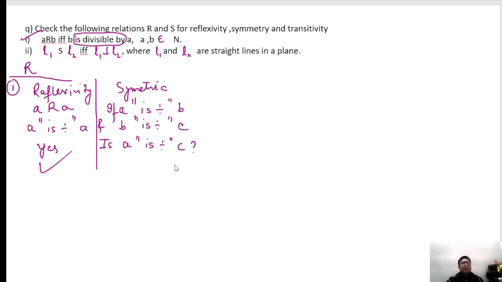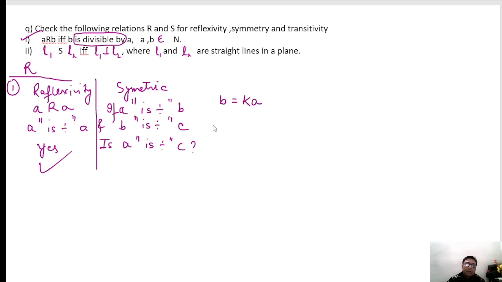That is what we have to check. So let's see, A divisible by B. A R B means B is divisible by A. So B should be something A.